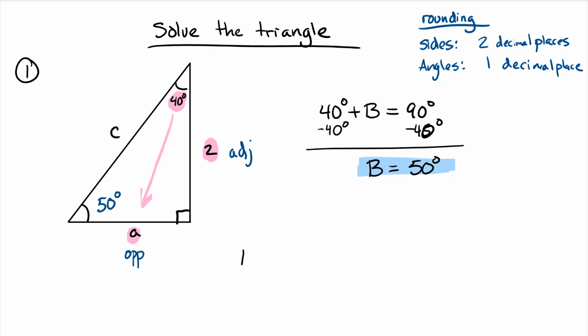So we can set this up and say that tangent of 40 degrees is equal to our opposite, A, over our adjacent, 2. Now, if we just multiply by 2 on both sides, we're going to get 2 times tangent of 40 degrees is equal to A. Well, let's punch that in the calculator. 2 times tangent of 40, enter.